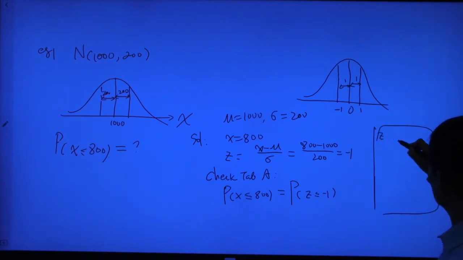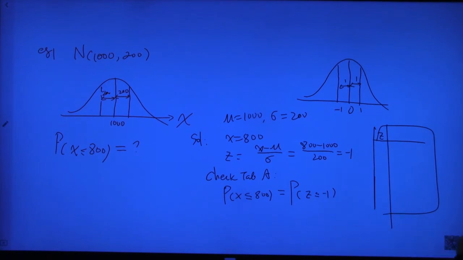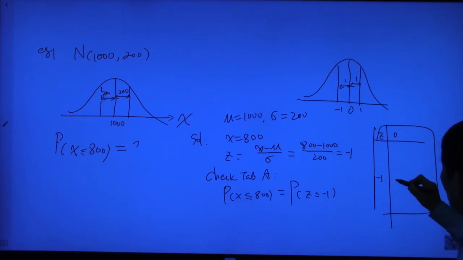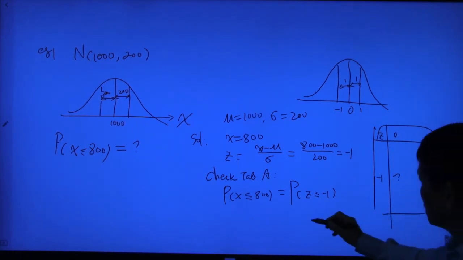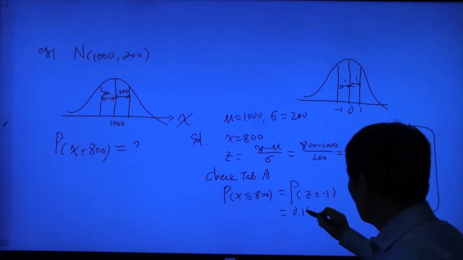This is the z-score here, and for z equals -1, the result gives us 0.1587.